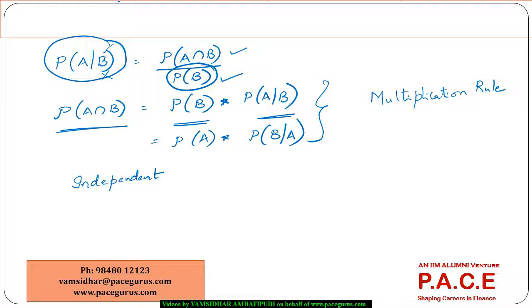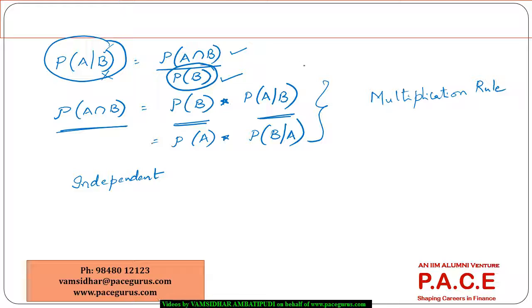Now, given that the first throw of the dice is a 3, I want to find out the probability of the second throw. How does it really matter whether I get a 3 on the first throw or a 5 on the first throw? The second throw is completely independent of the first.